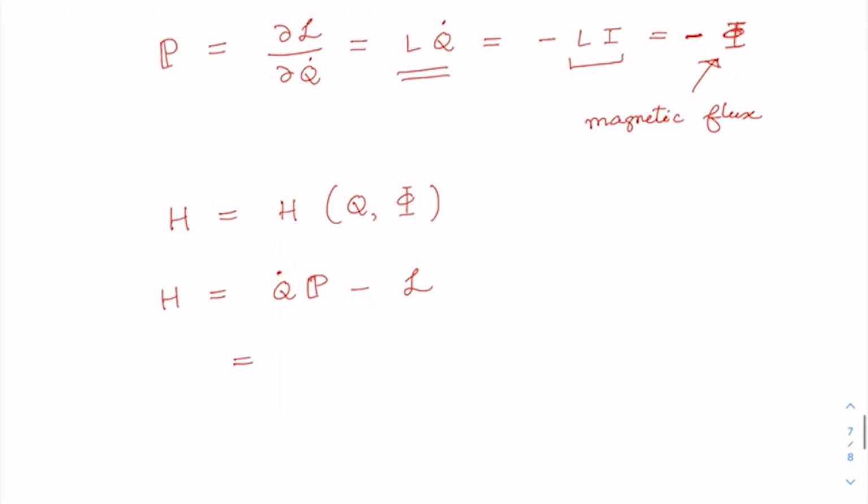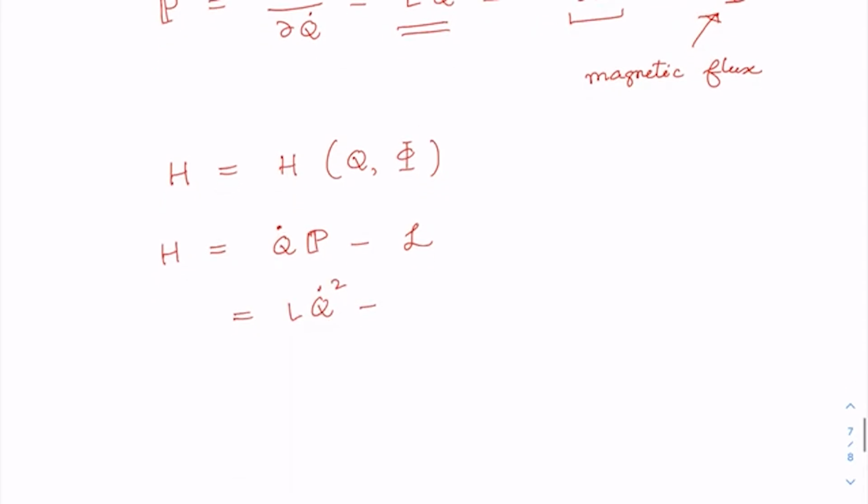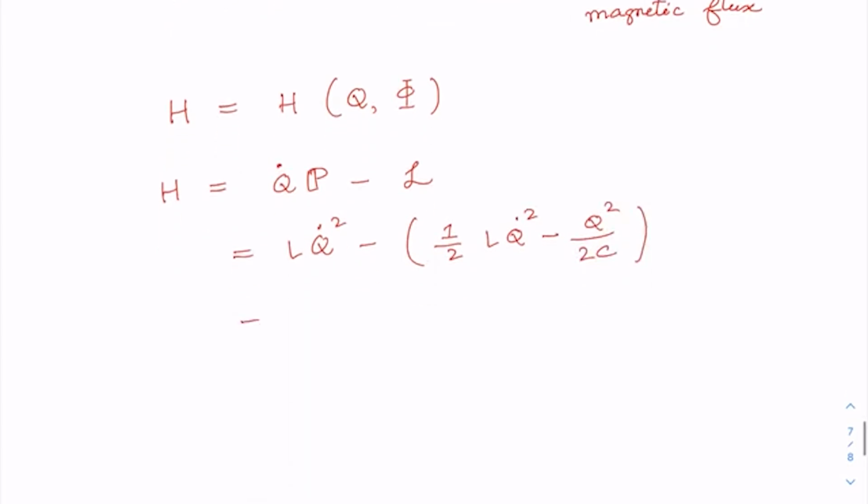If you put it here, then you will get L q dot square minus L, which is half L q dot square minus q square by 2C. So immediately you will get q square by 2C plus half L q dot square.